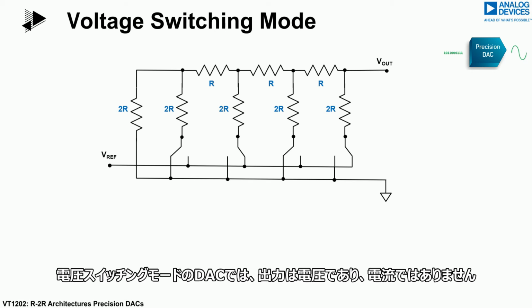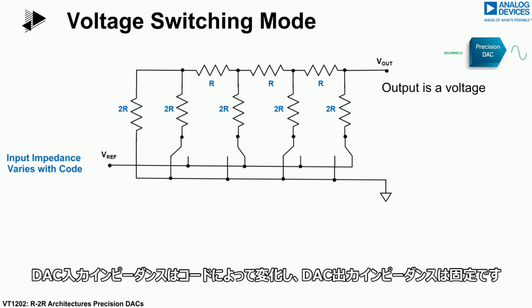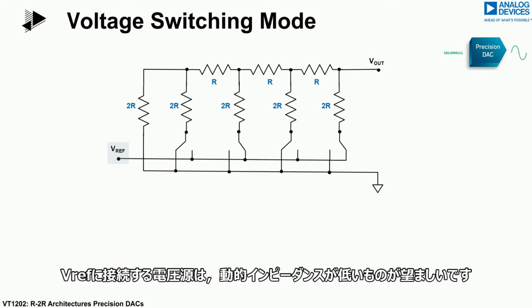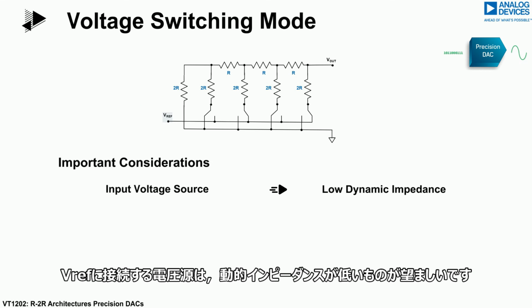In the voltage switching mode DACs, the output is a voltage and not a current. The DAC input impedance varies with code, and the DAC output impedance is fixed. The voltage source connected to VREF should have a low dynamic impedance.